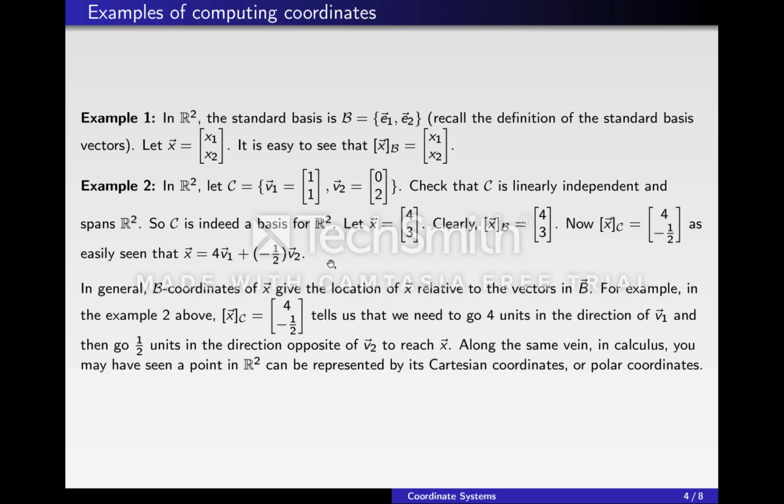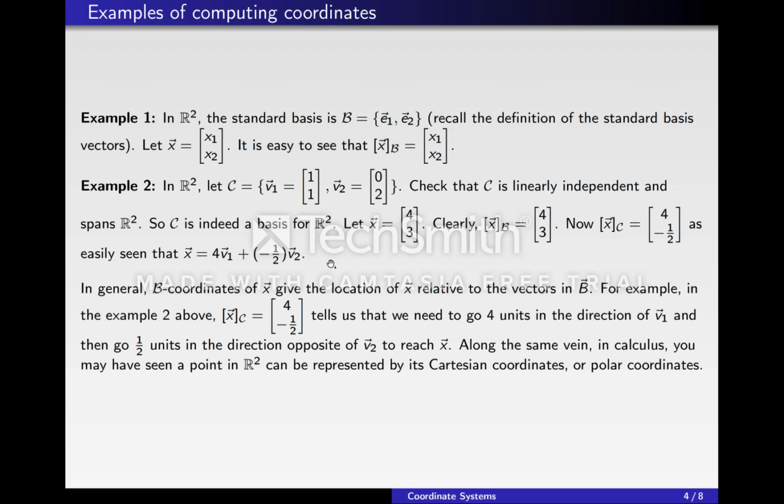So in general, the B-coordinates of a vector x give the location of x relative to the vectors in B. For instance, in example 2 above, the coordinates of x relative to C, [x]_C, is (4, -1/2), and that tells us that you need to go 4 units along the direction of the vector v1, and then you go 1/2 unit along the direction opposite to v2 to reach x, right?